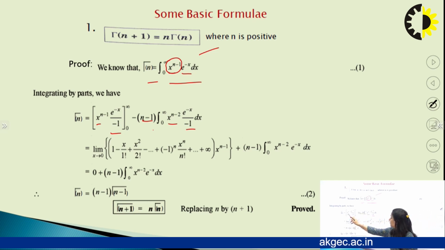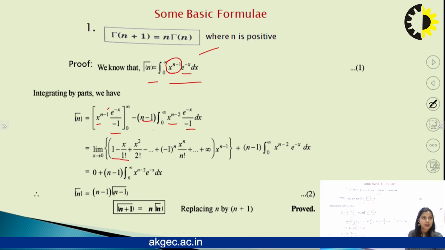Now we will expand e power minus x, and we know that the expansion of e power minus x is equal to 1 minus x upon factorial 1 plus x square upon factorial 2 plus up to minus 1 power n x power n upon factorial n plus up to infinite, into x power n minus 1 as it is, and plus n minus 1.